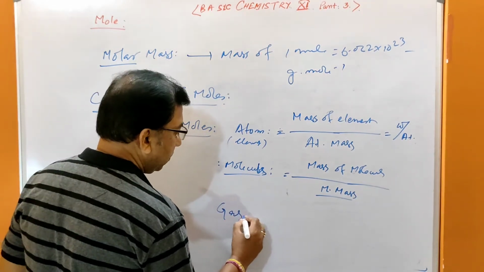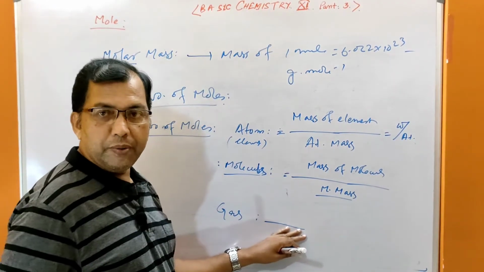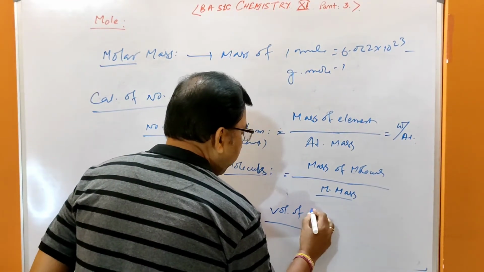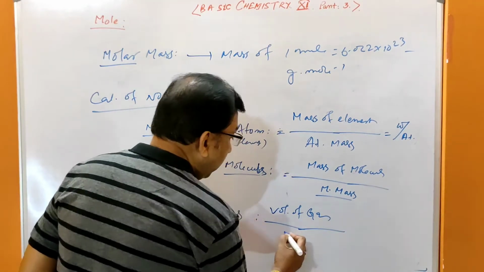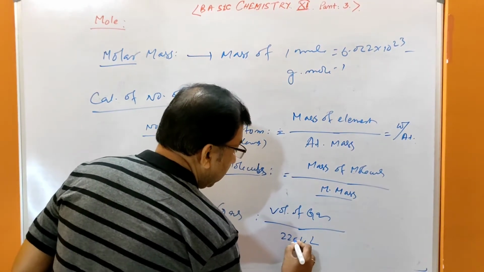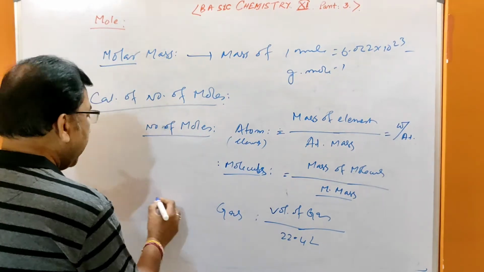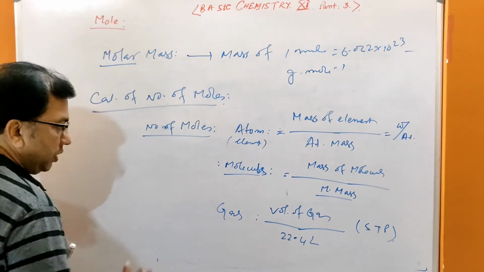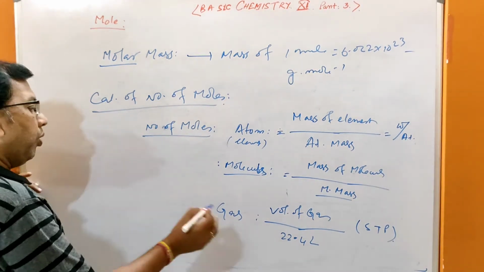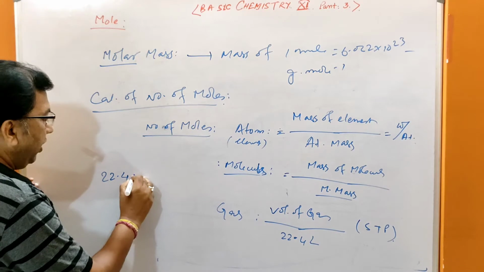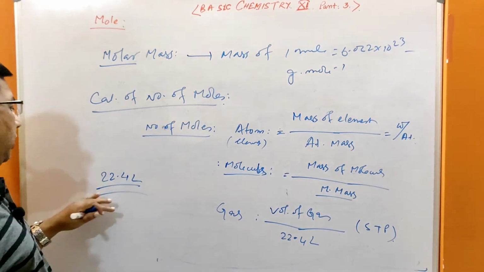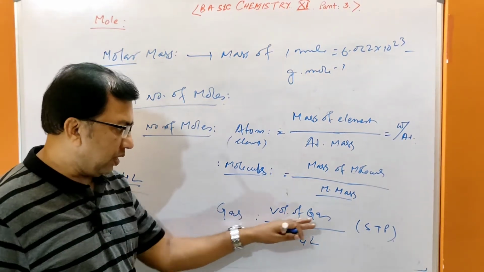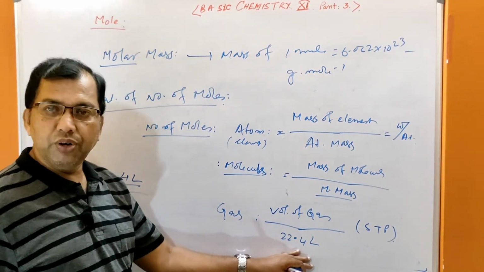In case of gas, the number of moles is the volume of gas given divided by 22.4 liters. We know 1 mole of any gas occupies 22.4 liters at STP, from Avogadro's law. We have already proved it; not required to prove, just know.